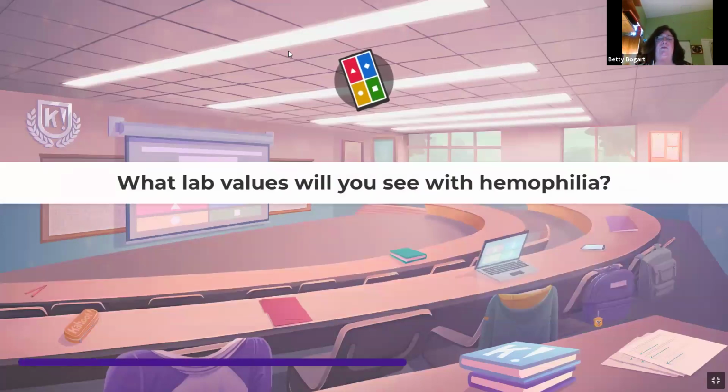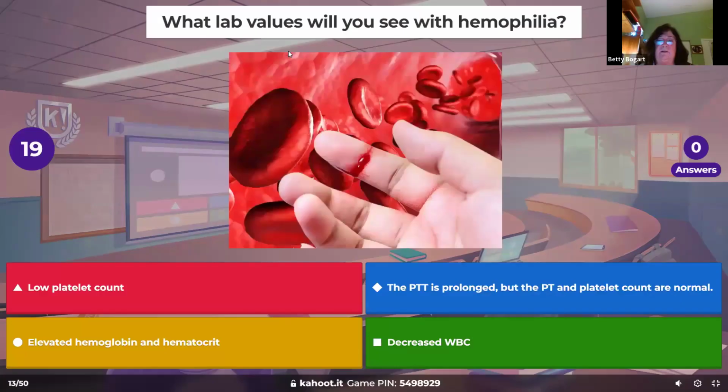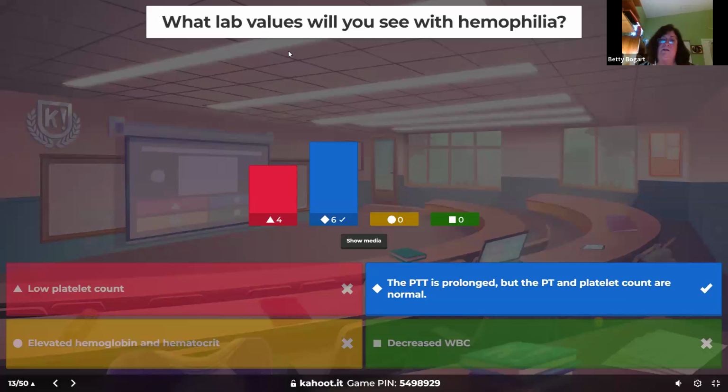What lab values do you see with hemophilia? Well, we know hemophiliacs bleed, right? So which one of these show bleeding? Simply. So low platelets is your immune thrombocytopenia purpura, okay?